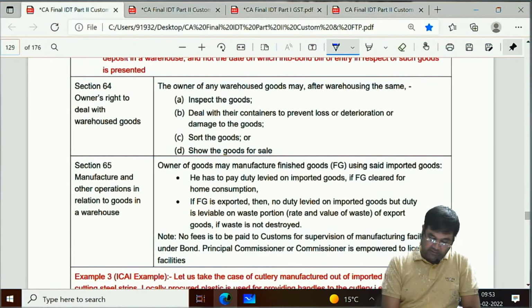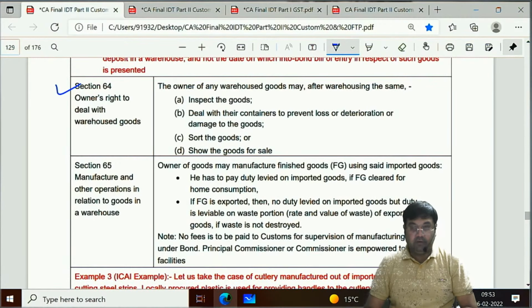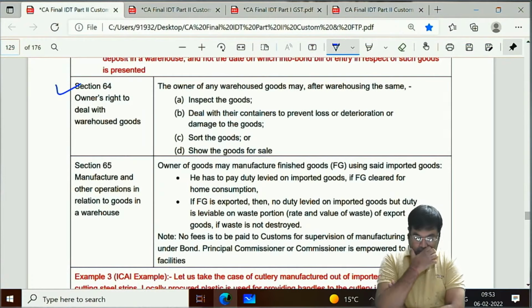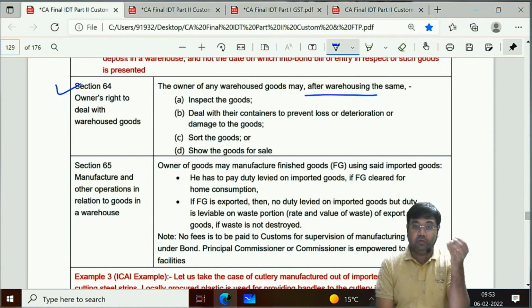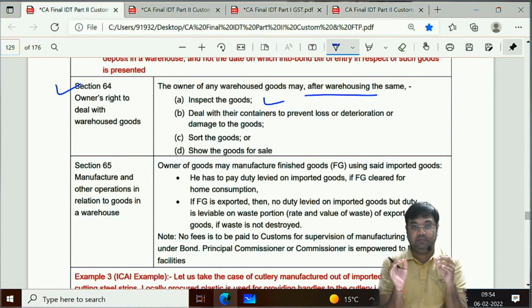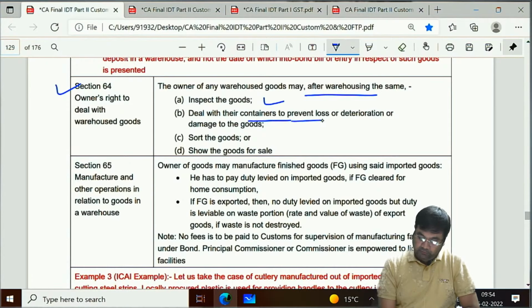Now section 64, owner's right to deal with warehouse goods. So what can the owner do with the warehouse goods? The owner of any warehouse goods may, after warehousing the same, of course, he would like to see the goods, so he can inspect the goods. He can deal with the containers to prevent loss or deterioration or damage to the goods.